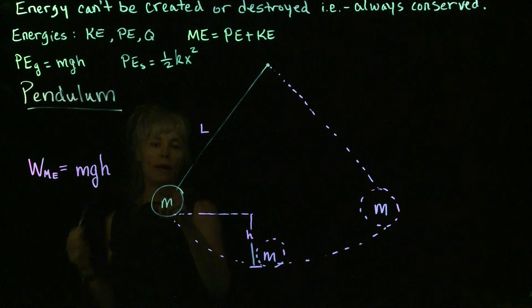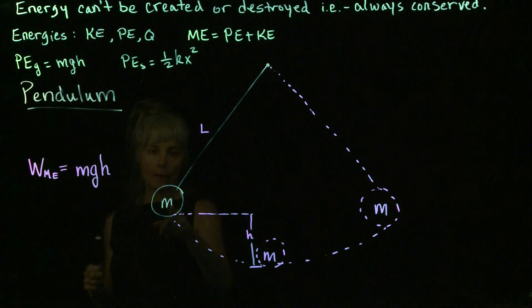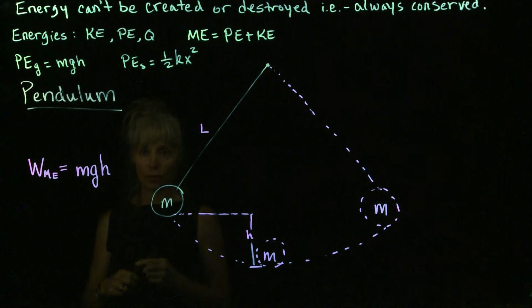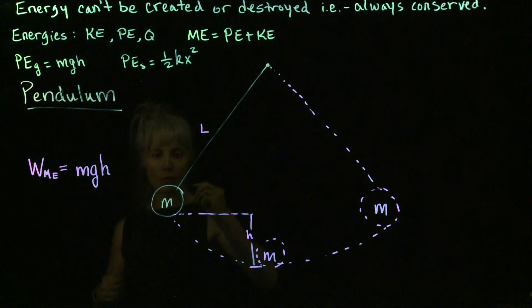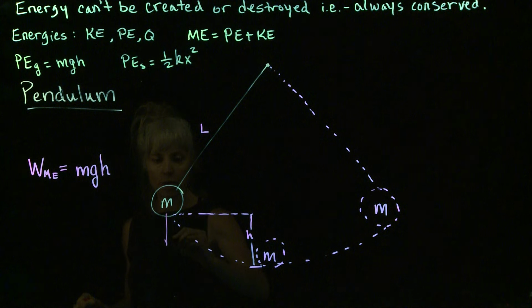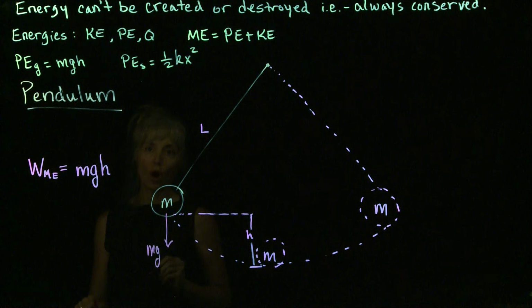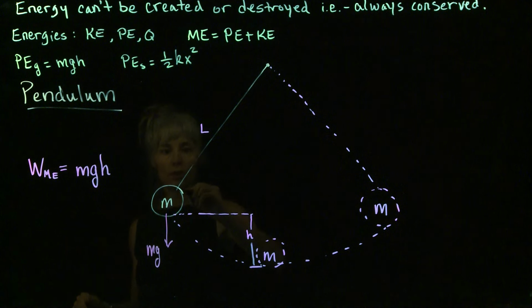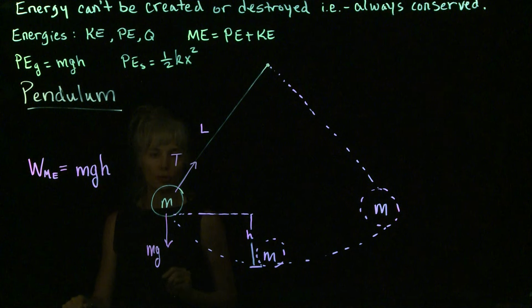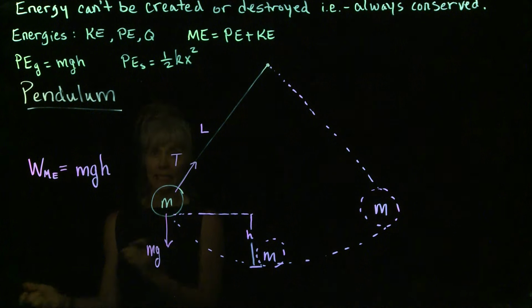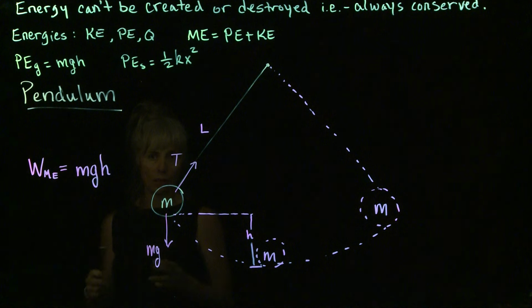Another way we can look at this mass is by using forces. If we look at the forces being exerted on this mass right here, there's a gravitational force, which is mg, always pointing toward the center of the earth, and then there's a tension force being exerted by the string on the mass, and that's it. Those are the only two forces acting on the mass.